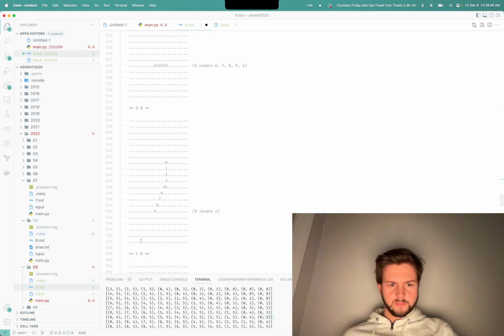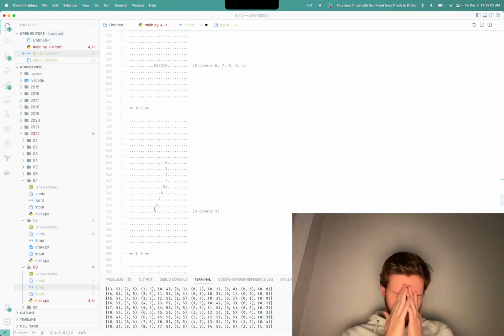Should be 3 away from the string. No, it still covers something here is off. I don't know. I don't think I'm gonna solve this one tonight.